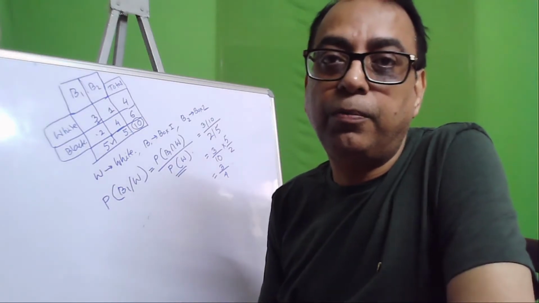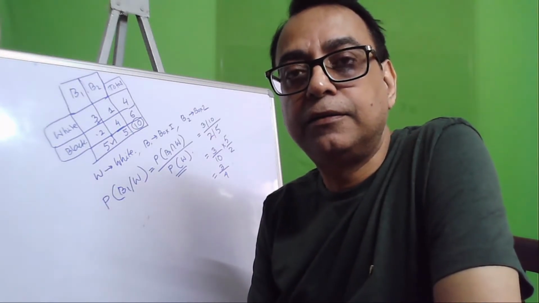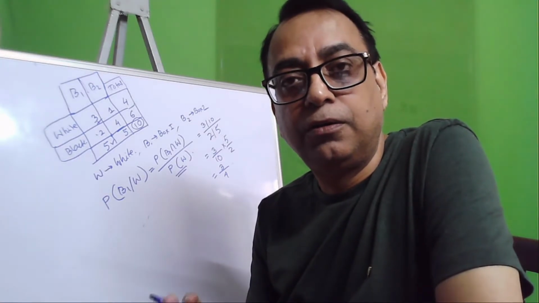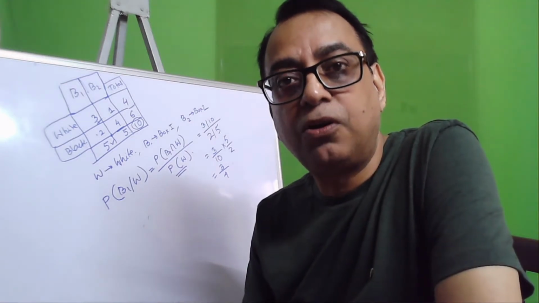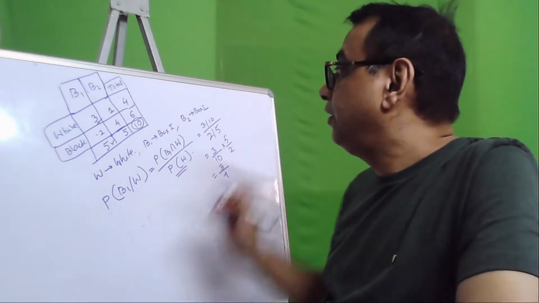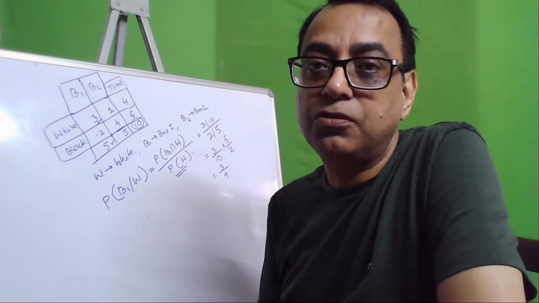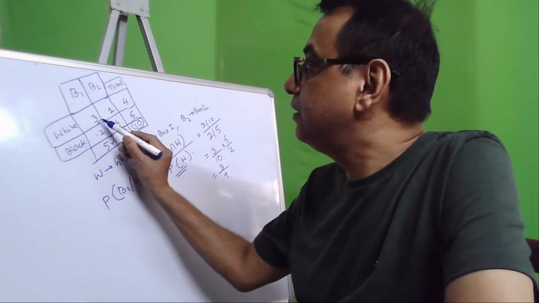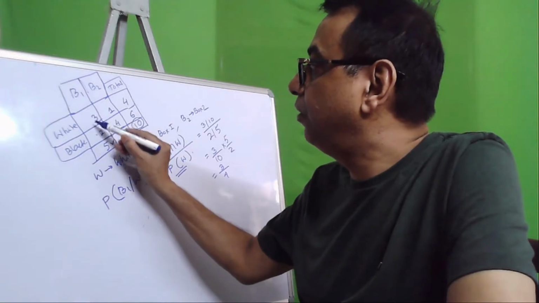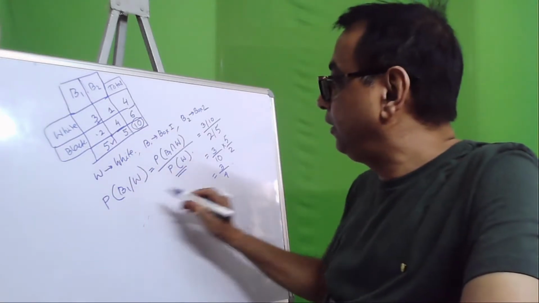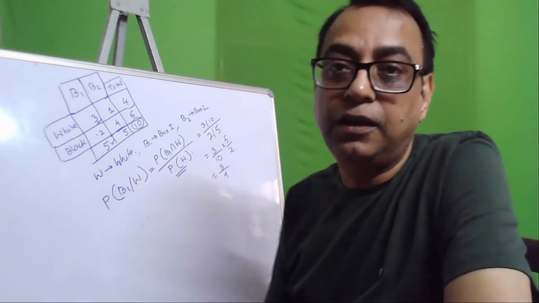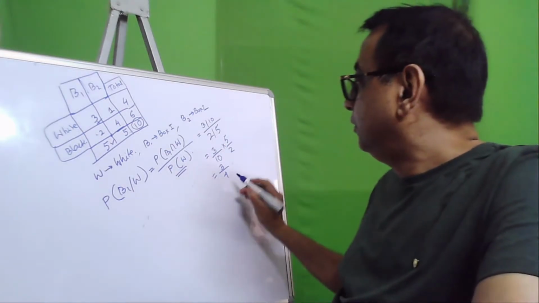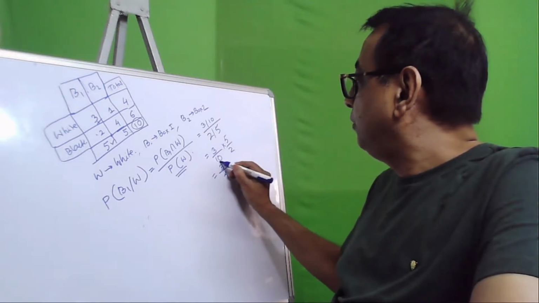So the probability that the box is box number 1, given that the ball drawn is white, is 3 by 4. And this matches our expectations, because you can see the number of white balls is more in box 1. So definitely the probability of B1 given W will be more than the probability of B2 given W. So this is 3 by 4.